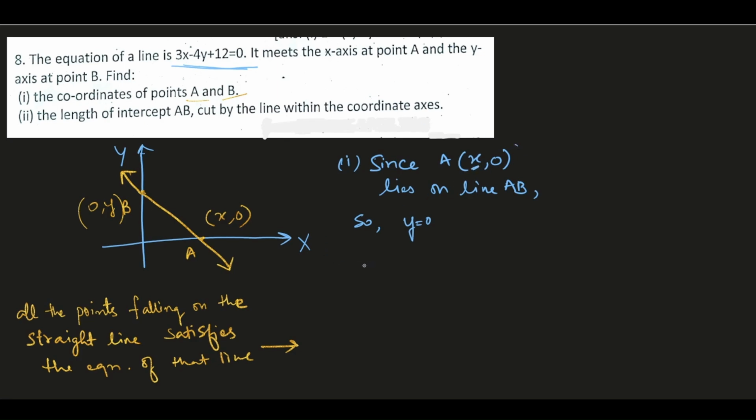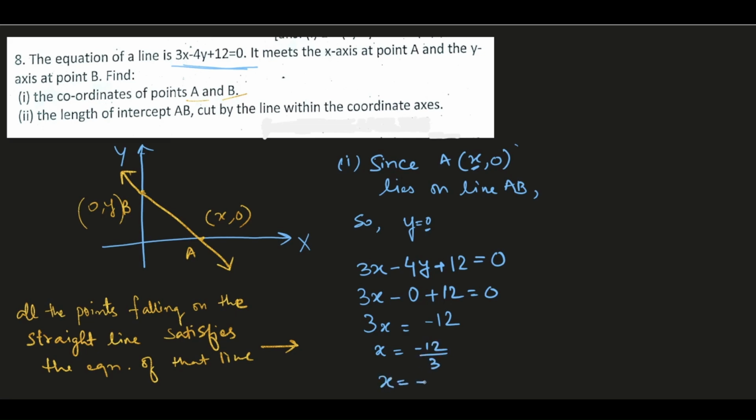So let's substitute this value in this equation. 3x minus 4y plus 12 is equal to 0. So this is 3x minus, the value of y is 0, so this becomes 0, plus 12 is equal to 0. Now 3x is equal to minus 12. So x is equal to minus 12 by 3, that is x is minus 4.